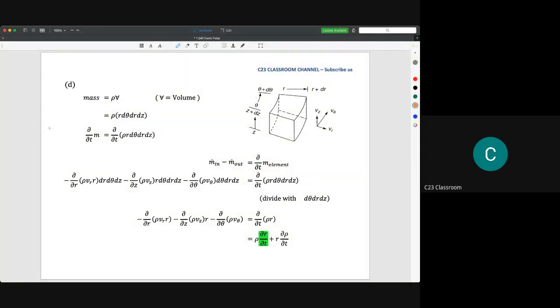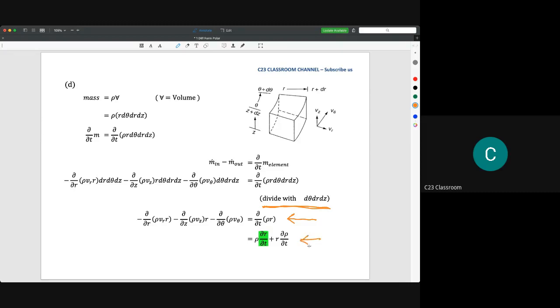Then we always have d theta dr dz, so we divide all the terms by d theta dr dz, and finally we get this term. Then on the right hand side, you will have del over del t of rho and r. We could calculate this as rho dr dt plus r d rho dt.